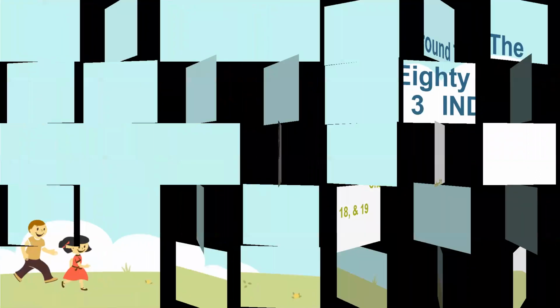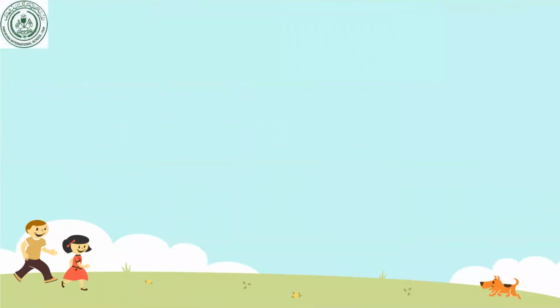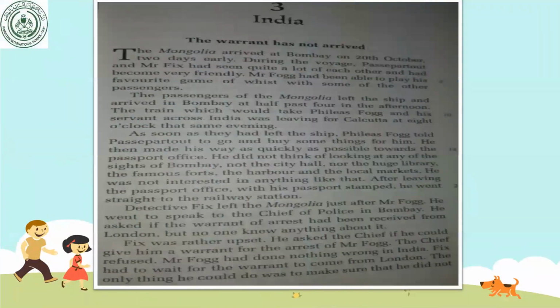We will read the novel Around the World in 80 Days. A topic we have, dear students, is India, and the sub topic today is The Warrant Has Not Arrived.